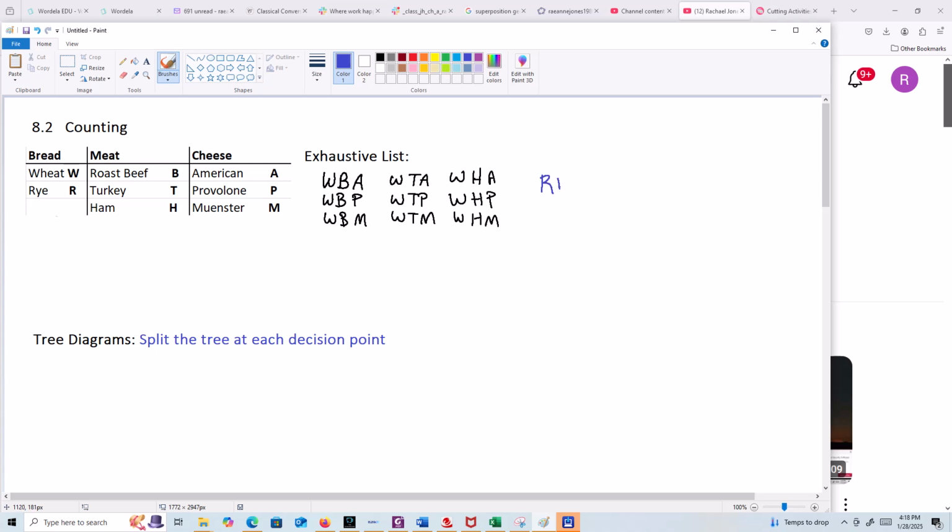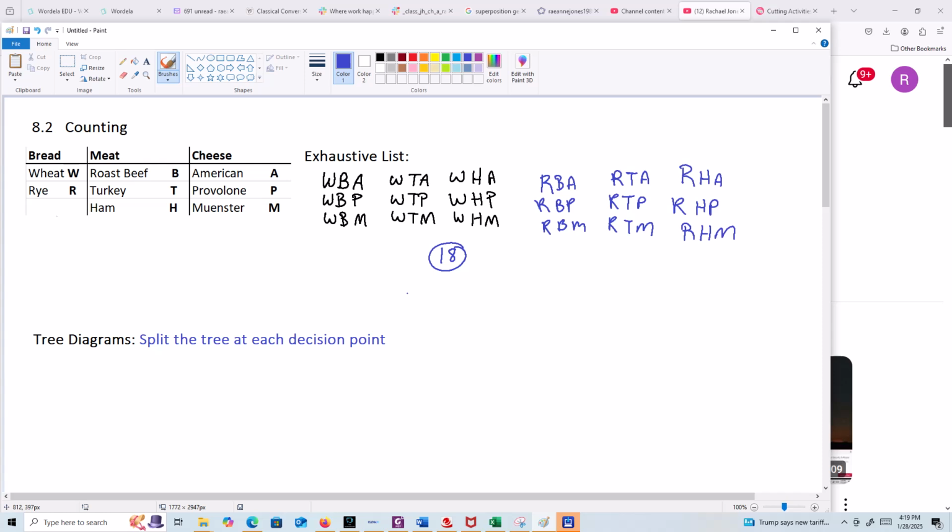But we have the rye with the beef in the American, the rye with the beef in the provolone, the rye with the beef in the M, the rye with the turkey in the American, the rye with the turkey in the provolone, the rye with the turkey in the M, the rye with the ham in the American, the rye with the ham in the provolone, and the rye with the ham in the M. So we get 3, 6, 9, 12, 15, 18. 18 possible choices. Good menu, Kevin.